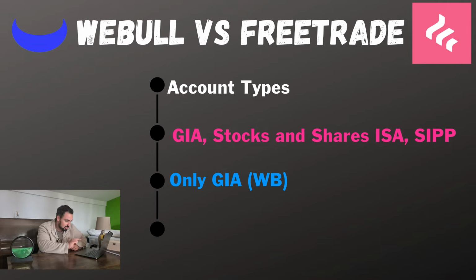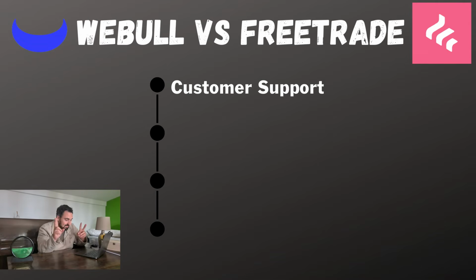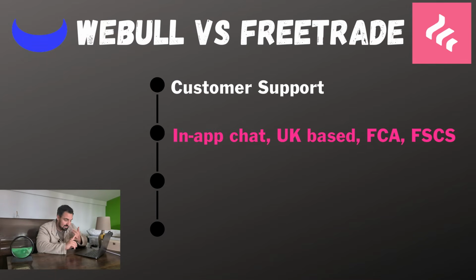Now, customer support and the trust factor. Let's be honest, customer support isn't very glamorous, but when things go wrong, it really does matter. Freetrade has in-app chat support, a UK-based team, is regulated by the FCA, the Financial Conduct Authority, and your money's protected under the FSCS up to £85,000, which is the Financial Services Compensation Scheme.